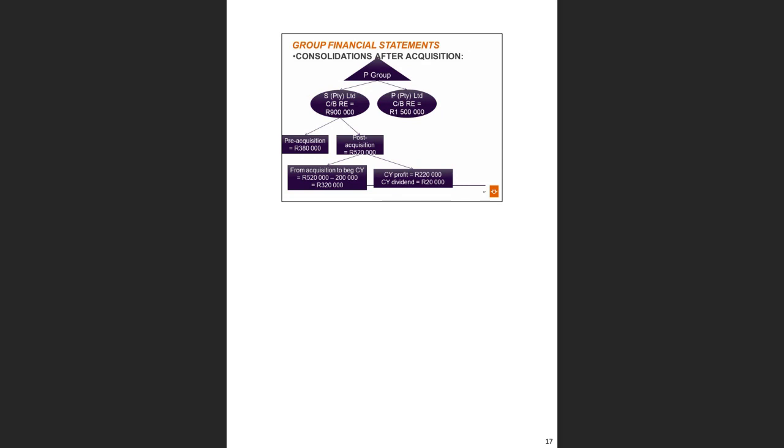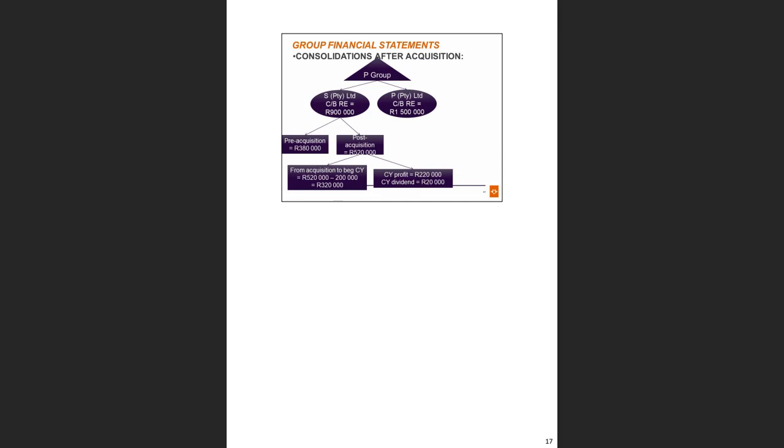Okay. So this amount of 380,000 relates to profits that were earned before acquisition. We cannot include it in our group because it is eliminated. It doesn't belong to us. Therefore, once we take our total retained earnings and we subtract the 380,000, this will give us 520,000. So that is how we get the 520,000 post-acquisition retained earnings.